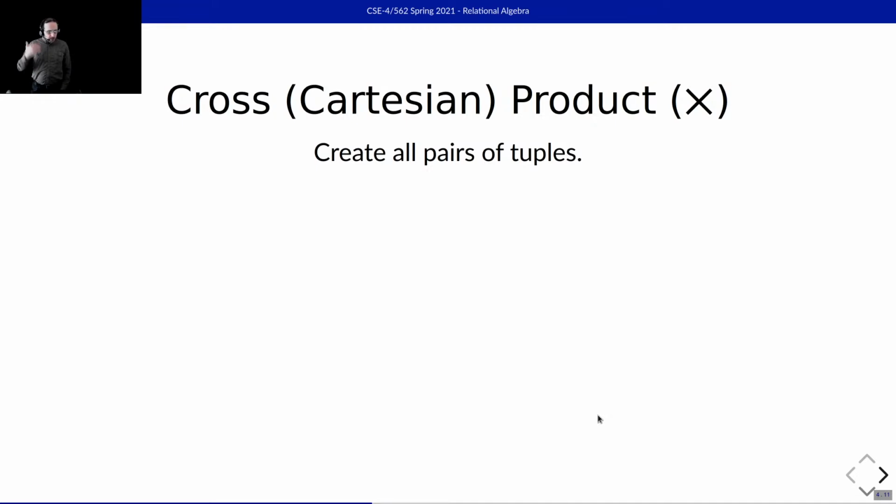So Cartesian product essentially takes two different tables. Now union takes the two tables and essentially stacks them on top of each other. It just takes all the rows and concatenates all the rows, deduplicating if we're talking about set union. Cartesian product is instead going to take the two and put them side by side.